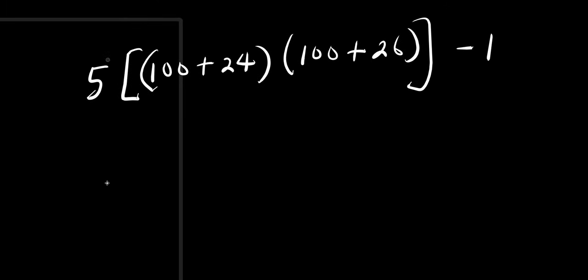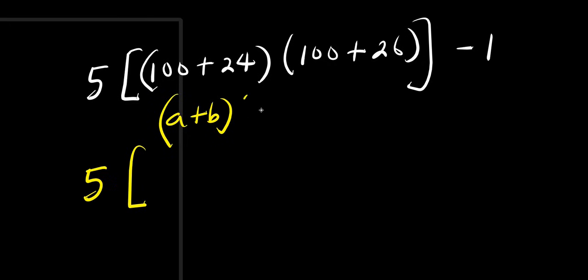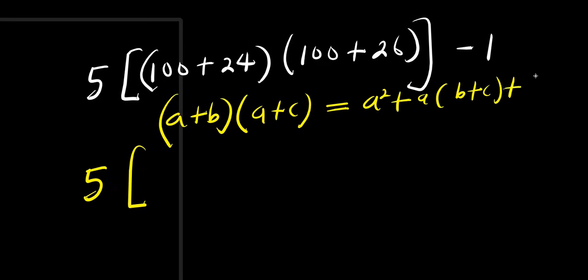So from here, I'll have 5 times, if you have a plus b times a plus c, this equals a squared plus a times b plus c plus b times c.